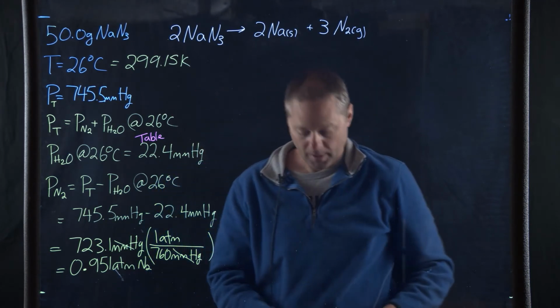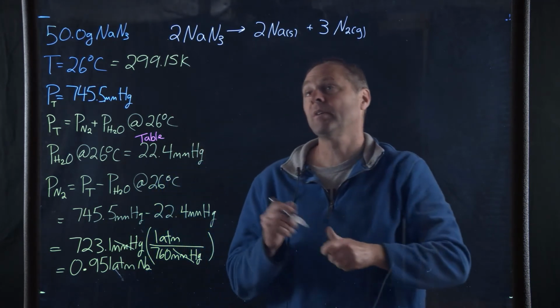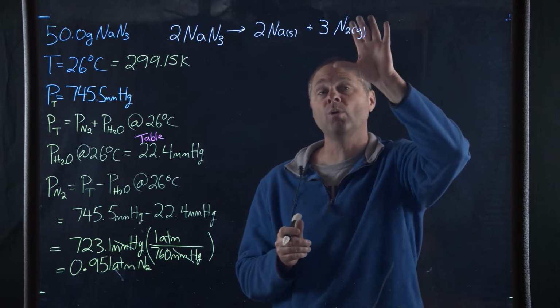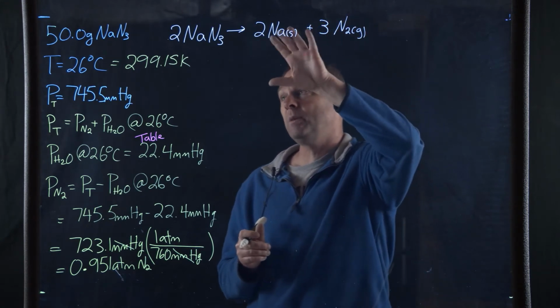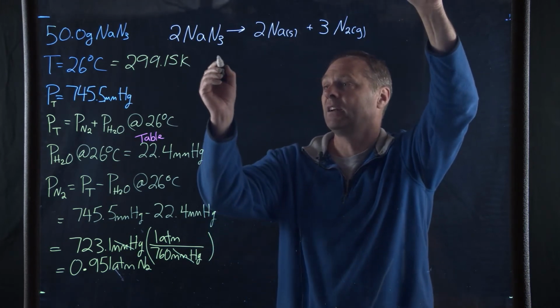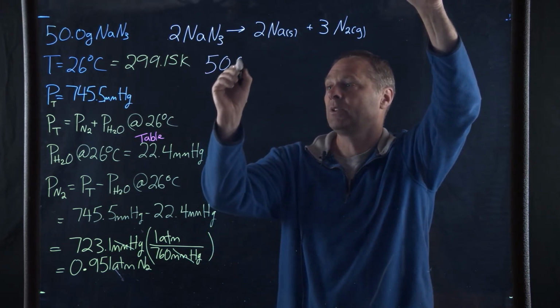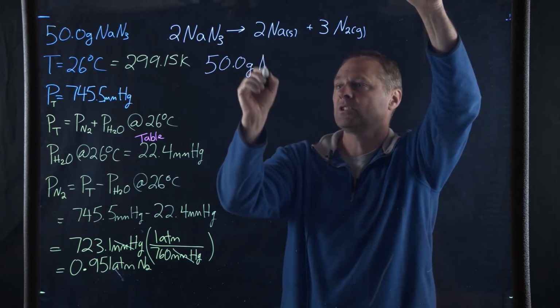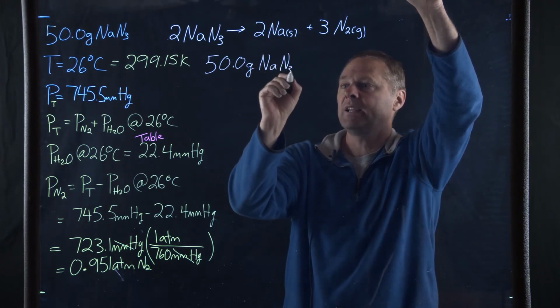Now, let's work with determining the number of moles of nitrogen that are going to be evolved from the 50 grams of sodium azide. So we start with the 50.0 grams of sodium azide.